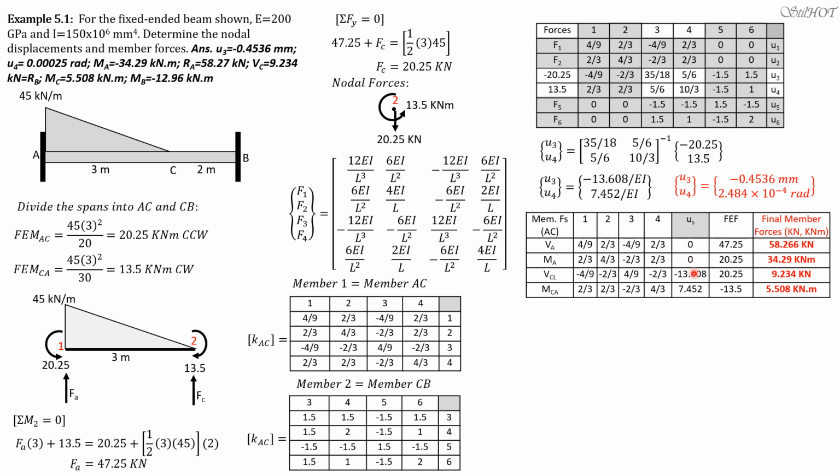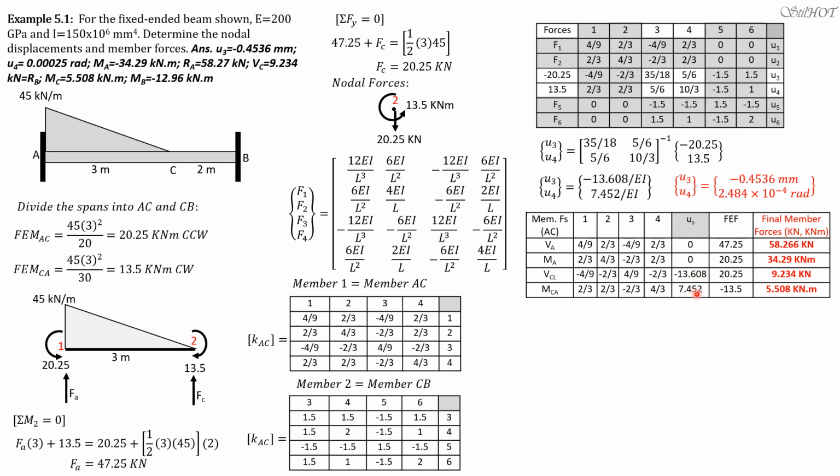And this one is the vertical displacement at C, which we already computed, negative 13.608 over EI. But because these coefficients also have EI, we don't care about the EI because it will just cancel out.